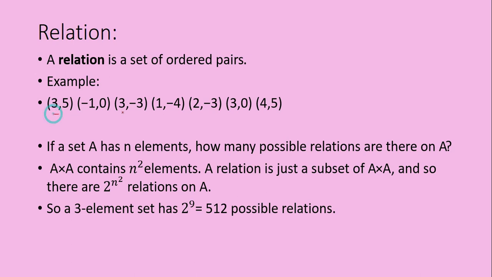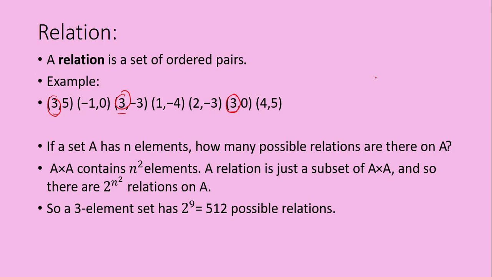The first element is allowed to repeat in case of a relation, but in case of a function we restrict this. No repetition allowed in the first space. The number in the first space should not repeat.